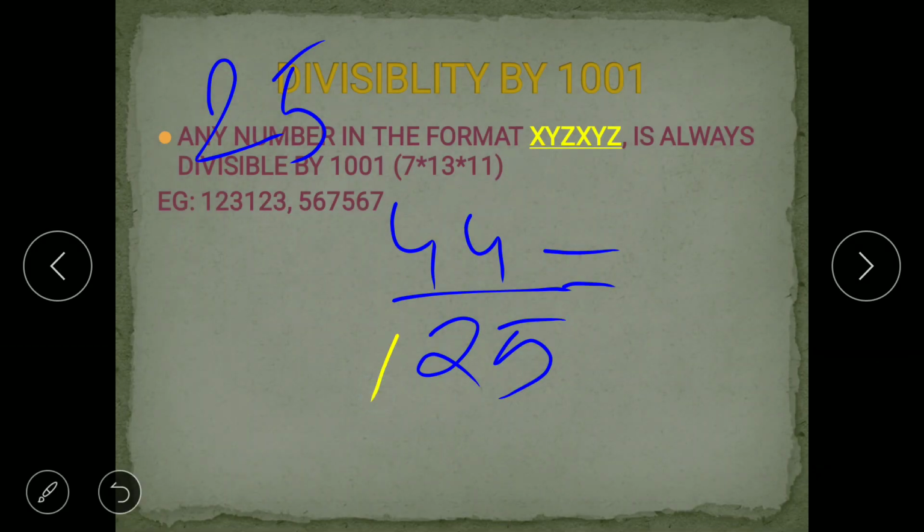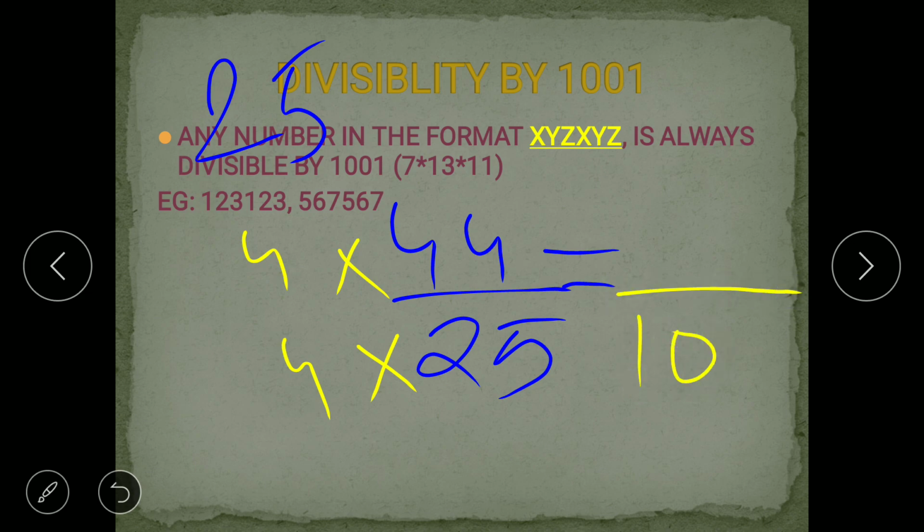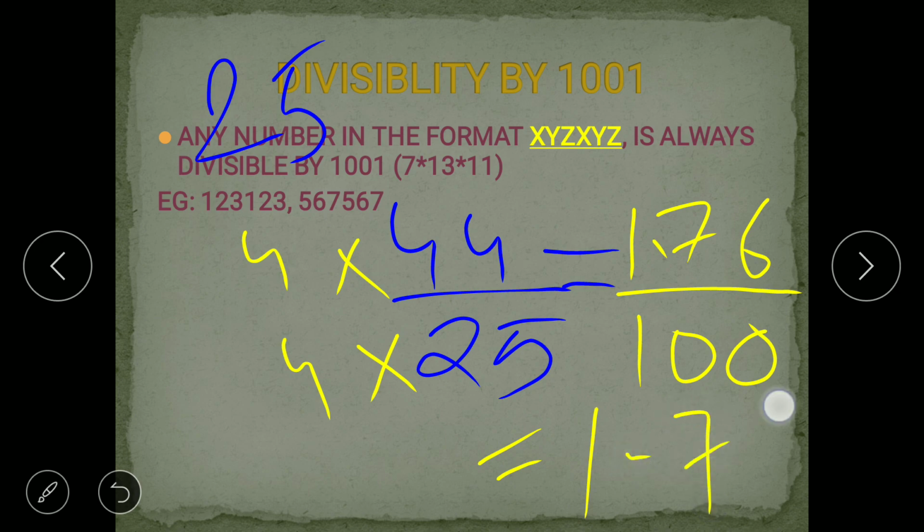Multiply both denominator and numerator with 4. Then it will give you denominator 100 and numerator 176. Put the point here and the answer will be 1.76. Clear, friends?